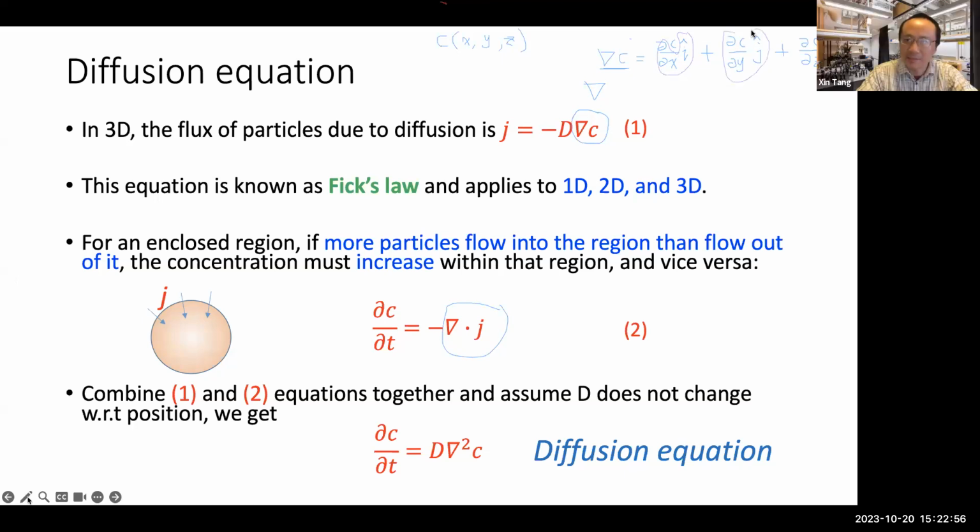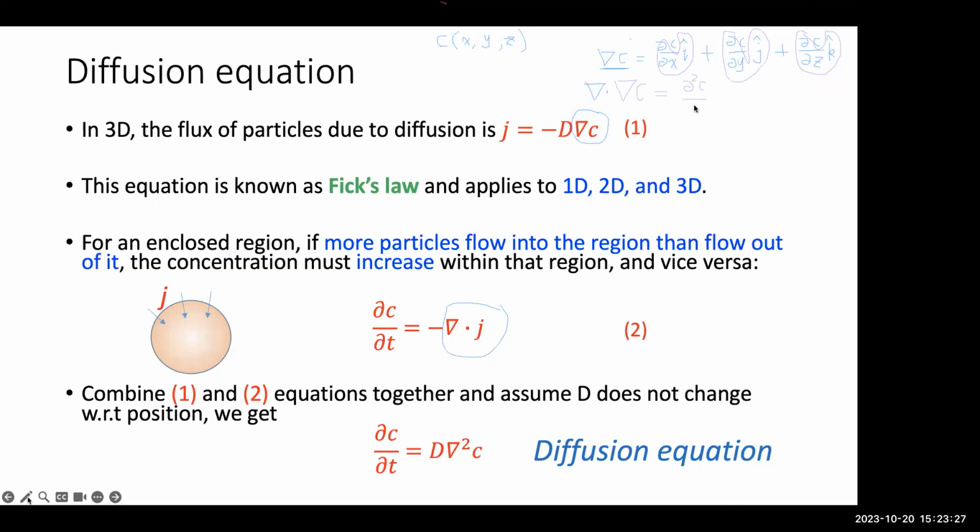Exactly, they all contain the ijk unit vectors. So the gradient symbol by itself is also a vector. And then that vector dot product delta c together goes back to a scalar, right? So then you have partial squared c over partial x squared plus partial squared c over partial y squared, right?